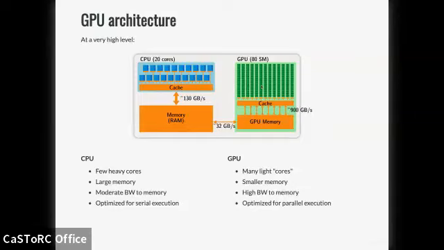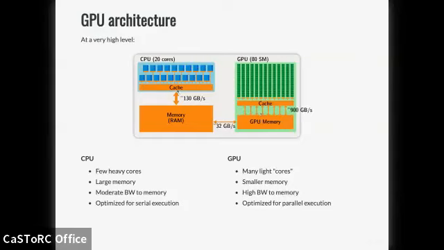So compared to the CPU, more cores, but less full-featured. Another thing to note is higher bandwidth to memory. These many cores can read from this GPU memory at about 1 terabyte per second, 900 gigabytes per second, which is about 5 to 10 times faster than what the CPUs can read from memory.